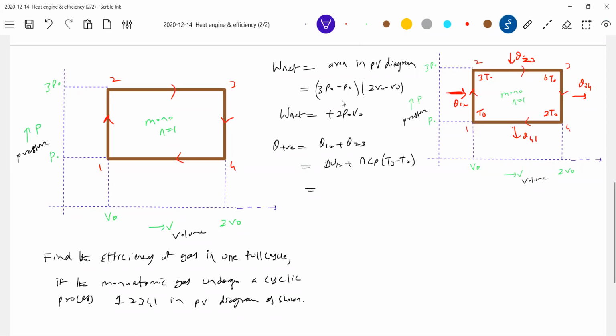At 1, what is the pressure? P naught, V naught, R T1. So T1 is equal to P naught V naught by R, which is equal to T naught. Next, at 2, P naught, 3 V naught, R T2.